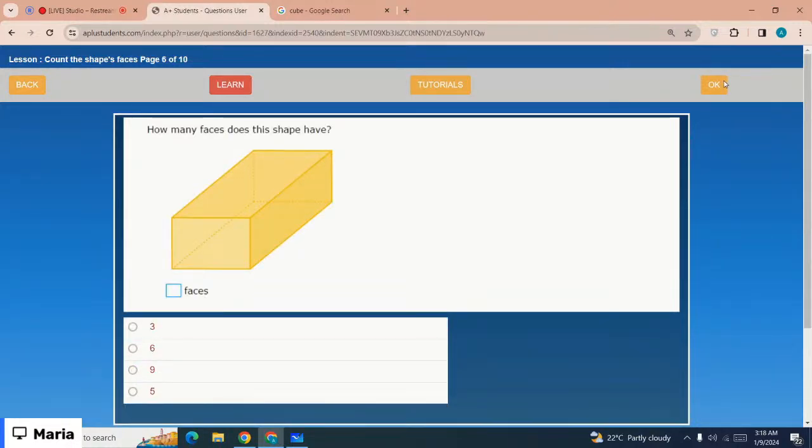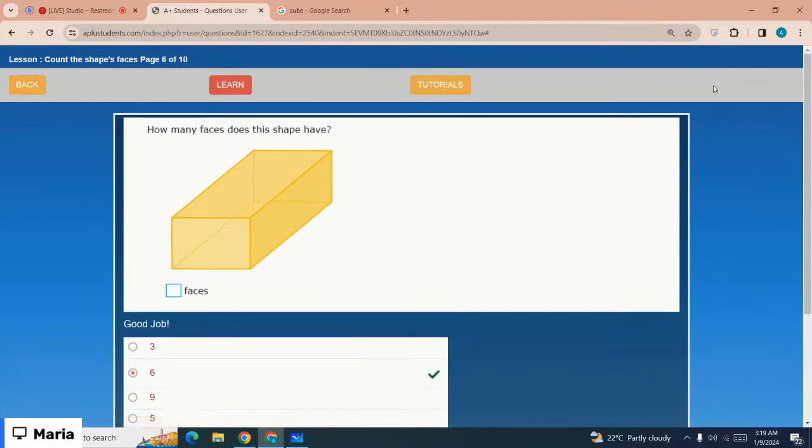How many faces does this shape have? Yes, the correct option is six faces.